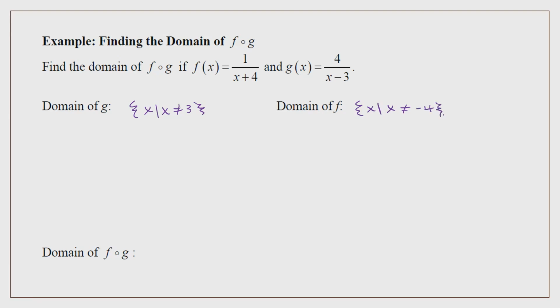So for the domain of g, 3 is excluded from the domain of f composed with g. And then for the domain of f, g of x cannot equal negative 4. So we're going to have to solve the equation g of x equals negative 4 to determine what additional values to exclude.